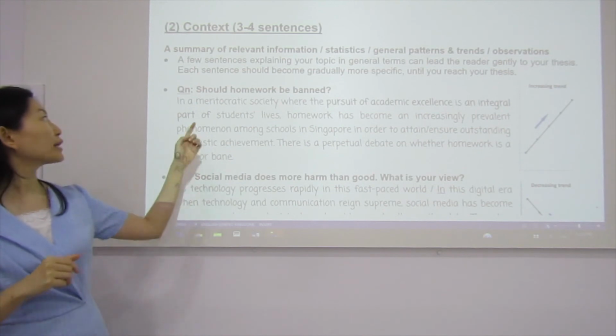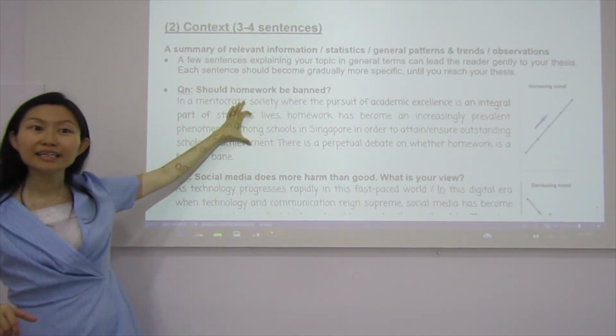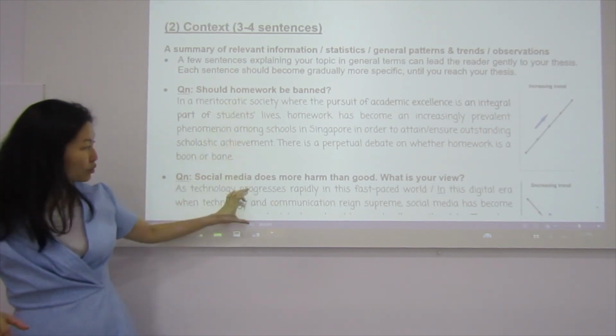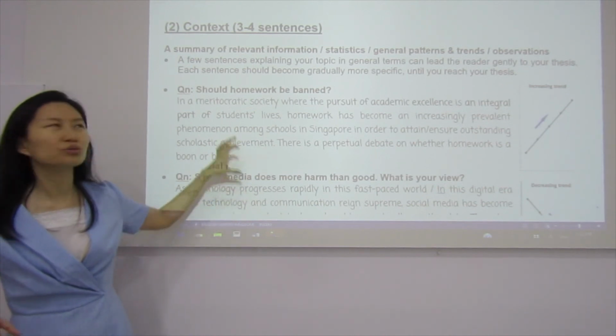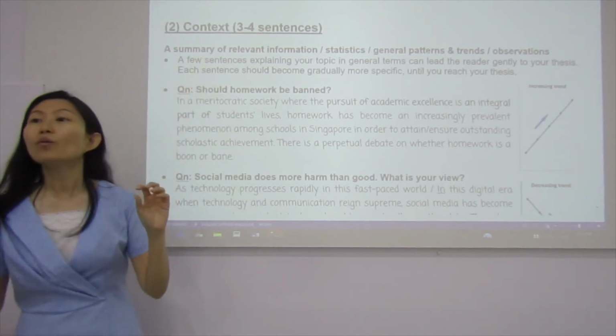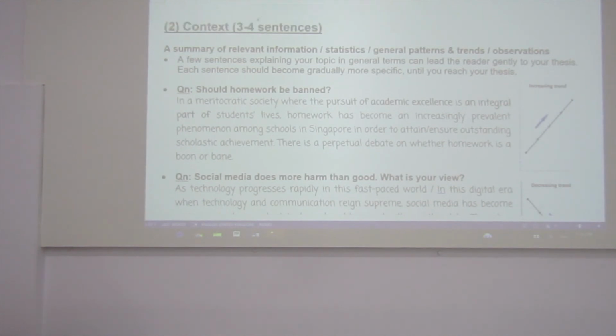If you look carefully, these are some examples I've given you. This whole chunk here is a C. This whole chunk here is C as well. Now, can I get you to take a look at this first? What do we need in a C? Look at C now. They are asking us to take a few sentences, right?